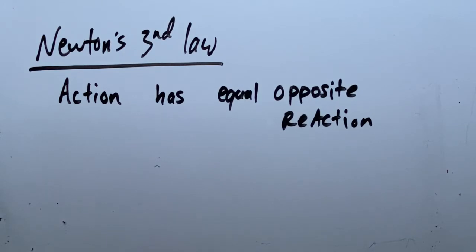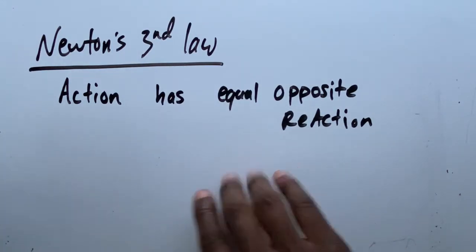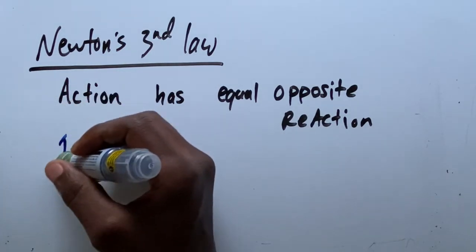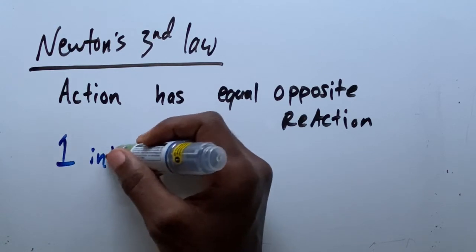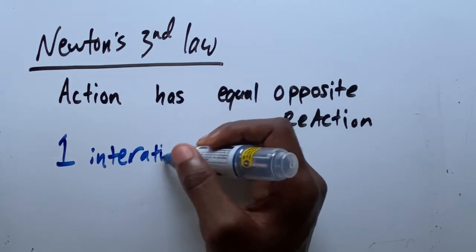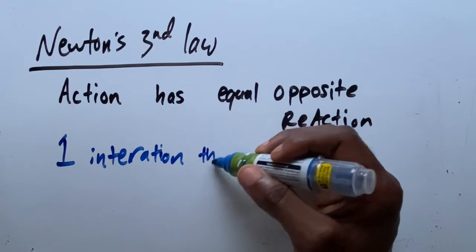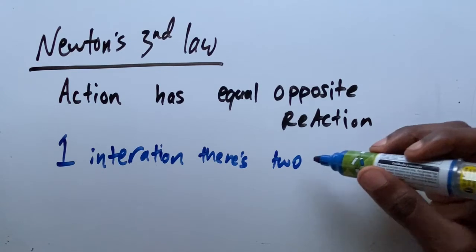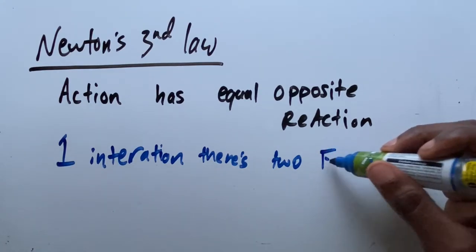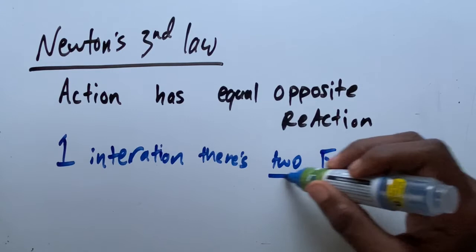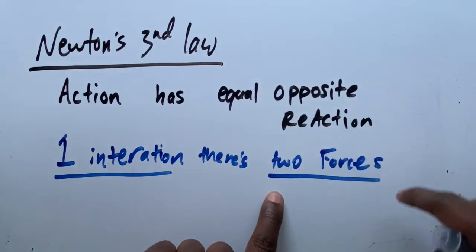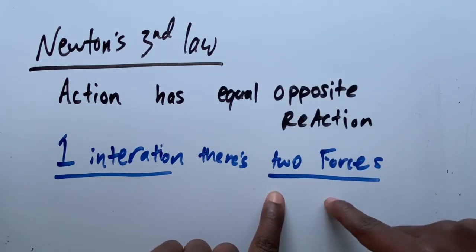And so basically for every one interaction, there's two forces, two equal but opposite forces, right? So for every interaction, there's two equal opposite forces, all right?